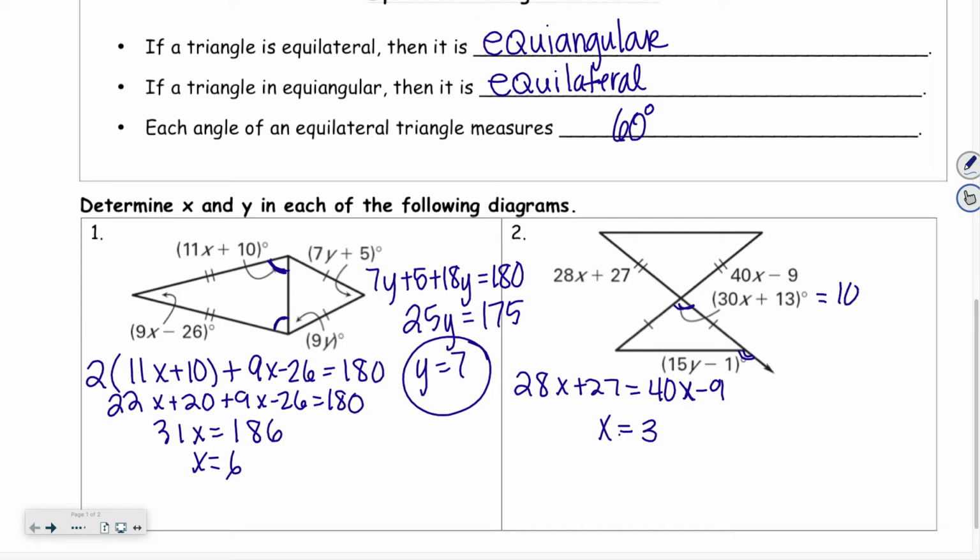103. How many degrees are left for the rest of that triangle? 77, right? So that means that this angle right here and this angle right here have to equal 77 together. If I divide that by 2, I get 38.5.